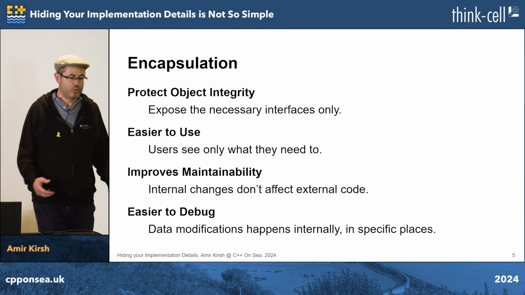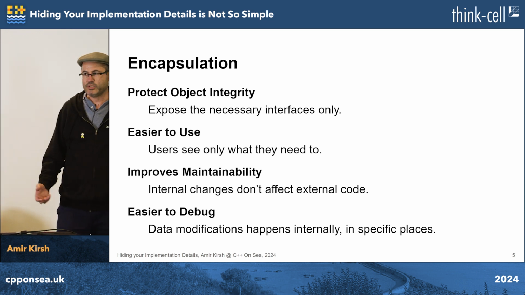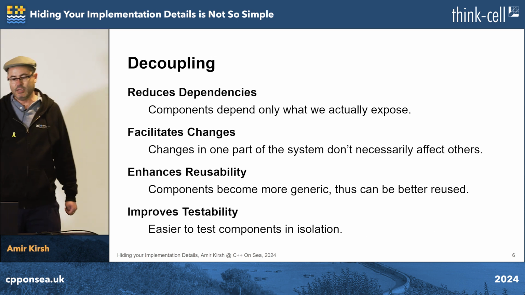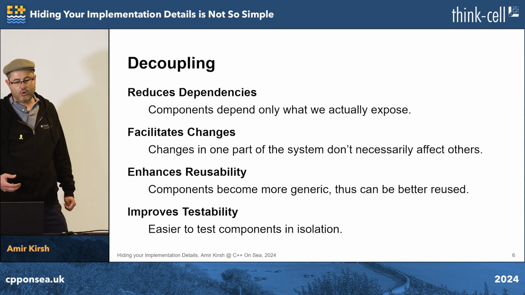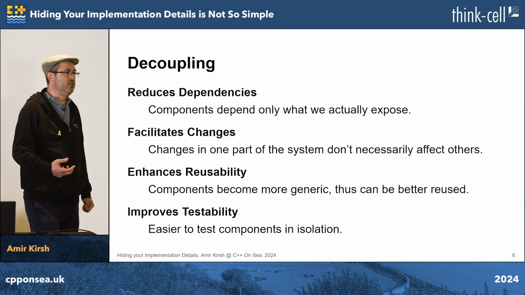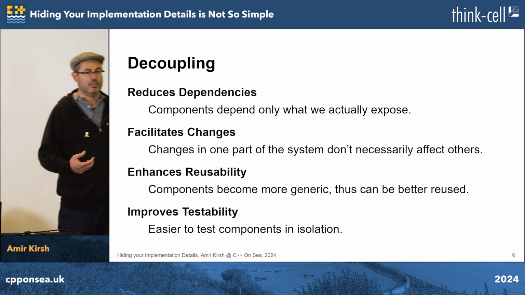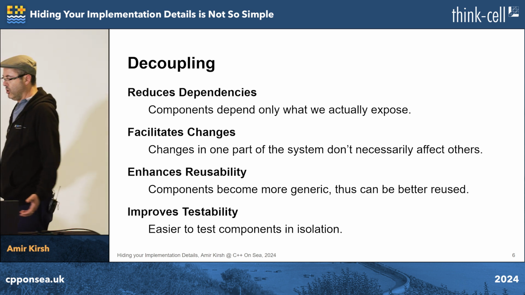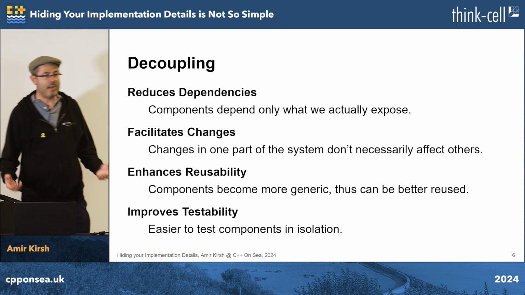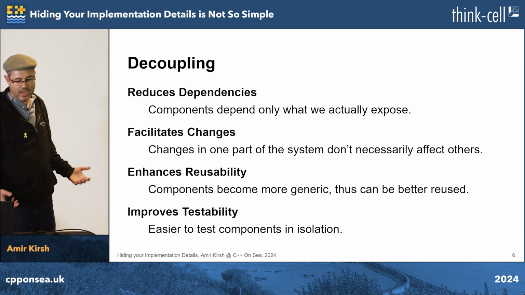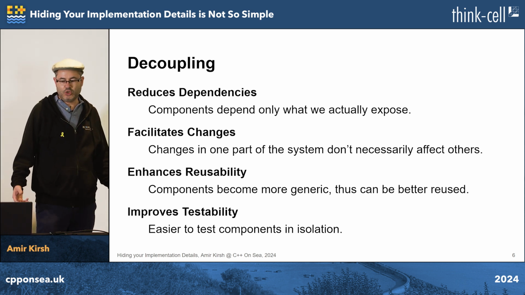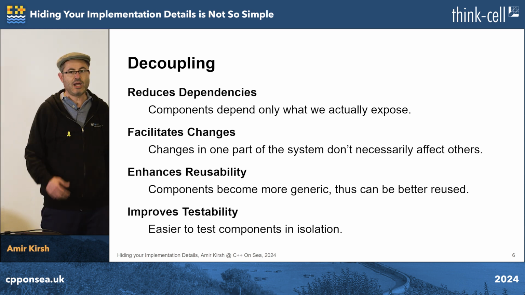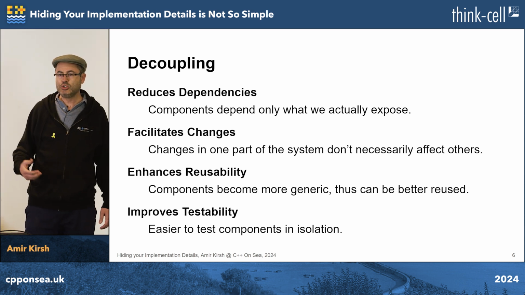We all know that protecting your members is important. It also serves for decoupling because it reduces dependencies. You're dependent only on what you actually expose. If you do not expose something and the user is not aware that you're using it, then your type is not coupled with this other type, which facilitates changes and enhances reusability, because once you are not coupled with another type, you're more generic.